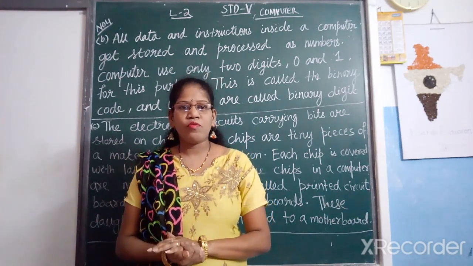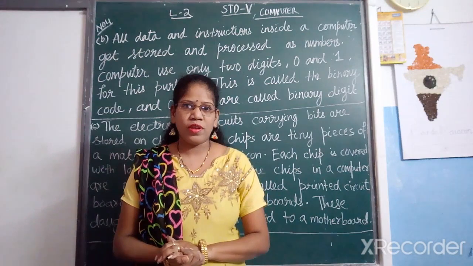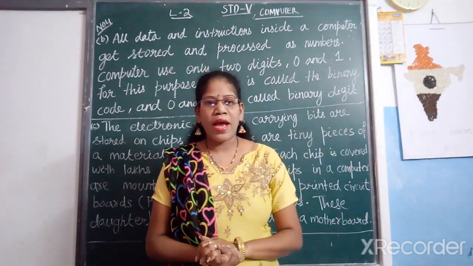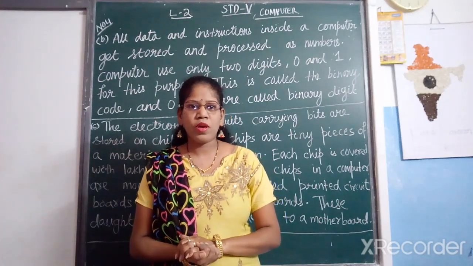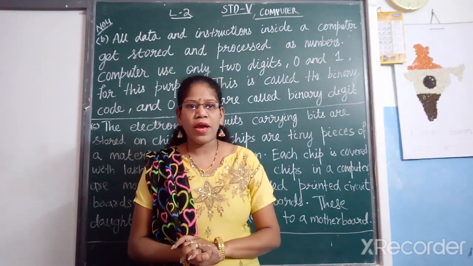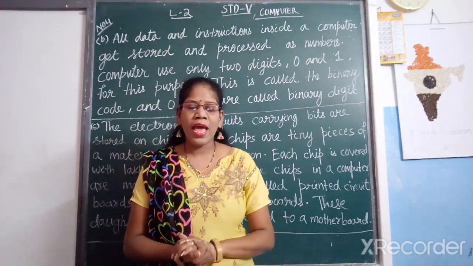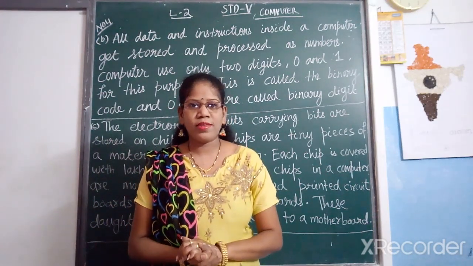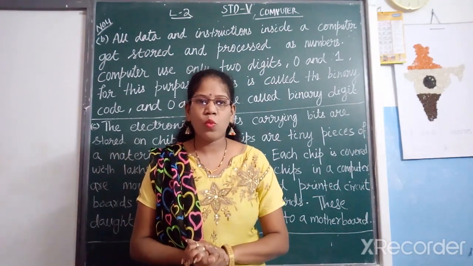So today we will do the second question, that is, what do you understand by binary code? Okay, what is the meaning of binary code? As you all know, a computer can understand only two digits, that is 0 and 1.